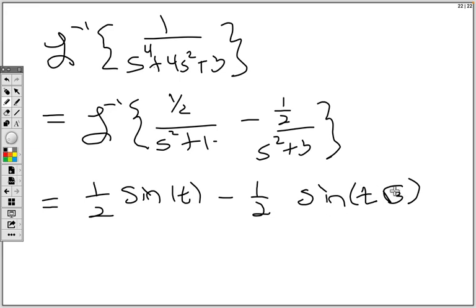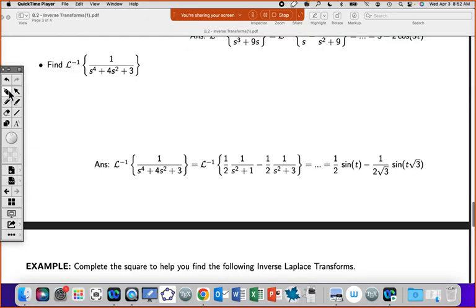But if I took the Laplace of this, I'd have a root 3 multiple, so I'd have to divide it out. So partial fractions, and then use the formulas.